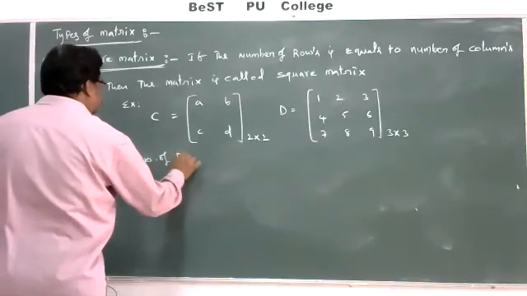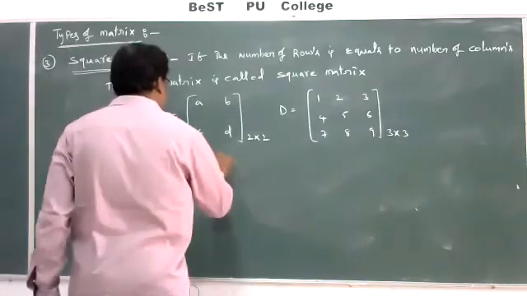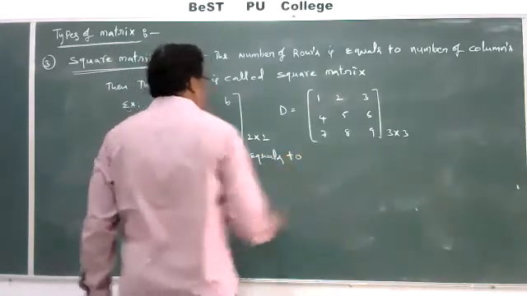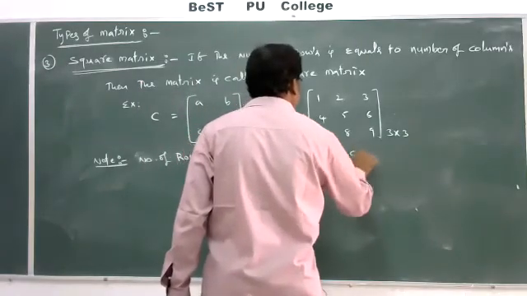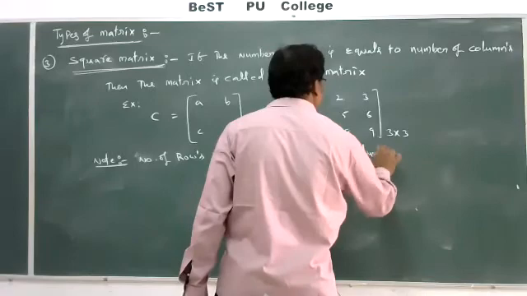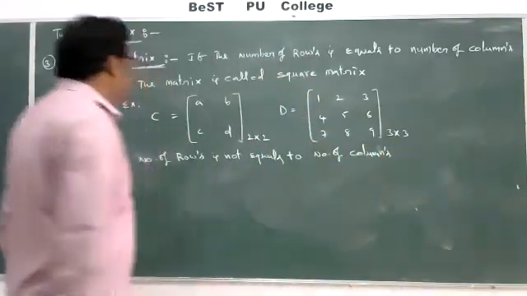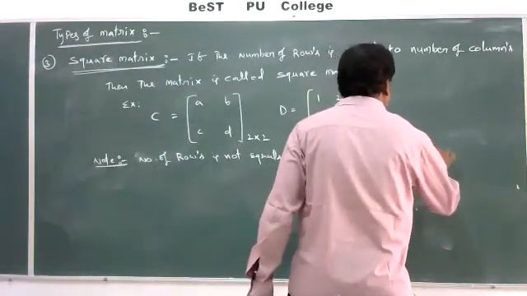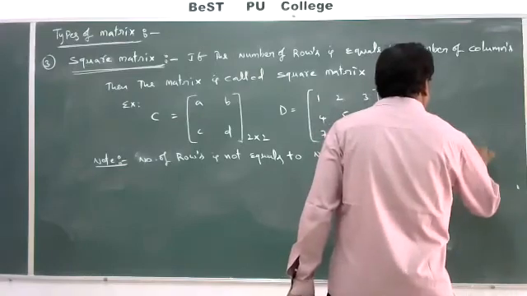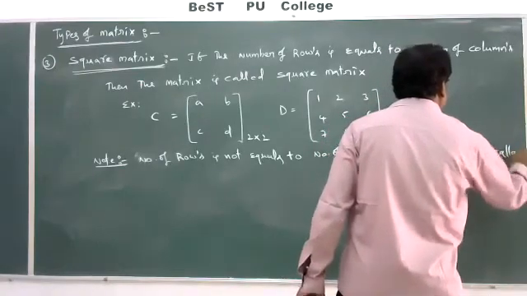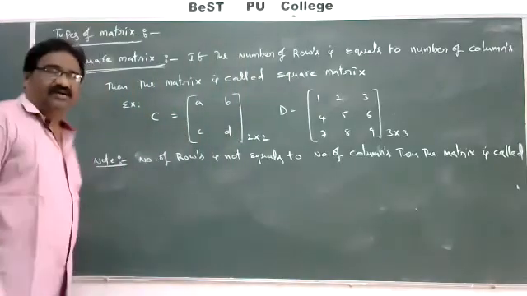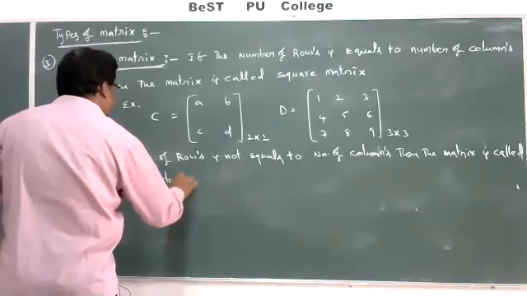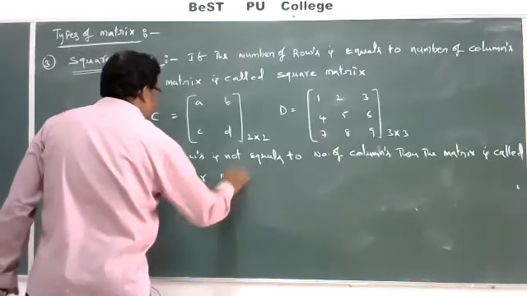Number of rows is not equal to number of columns, then the matrix is called a rectangular matrix.